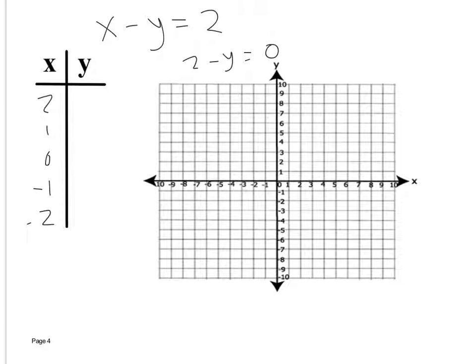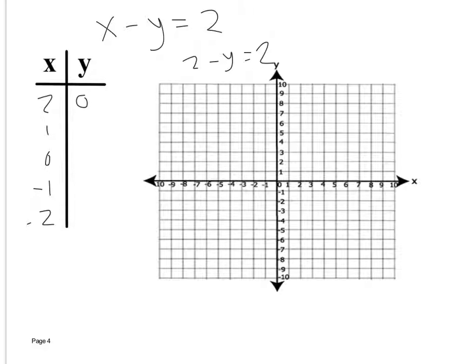What would Y be? Oh, why did I write 0? That should be 2. Sorry. 2 minus Y equals 2. What does Y have to be? 0. 2 minus 0 is 2. So Y has to be 0.